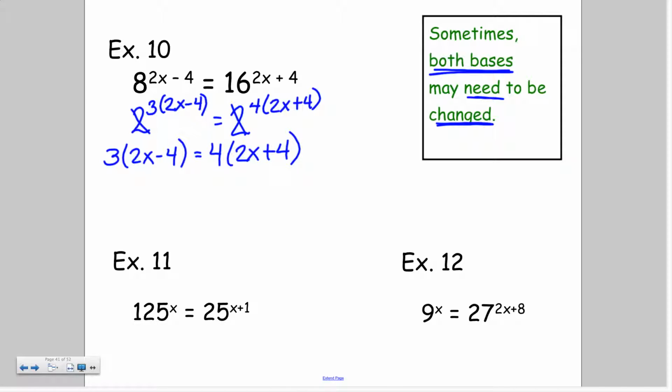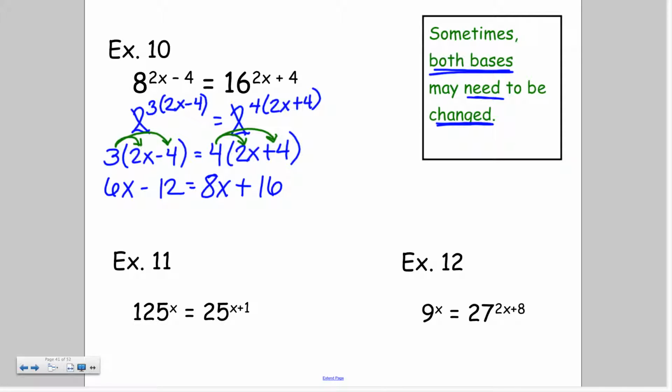All right, distribute what you have on the outside to everything that's on the inside. Okay? So 6x minus 12 is equal to 8x plus 16.